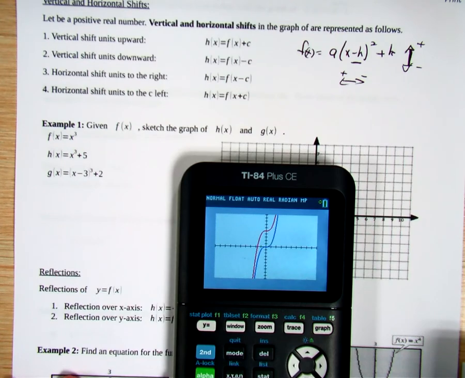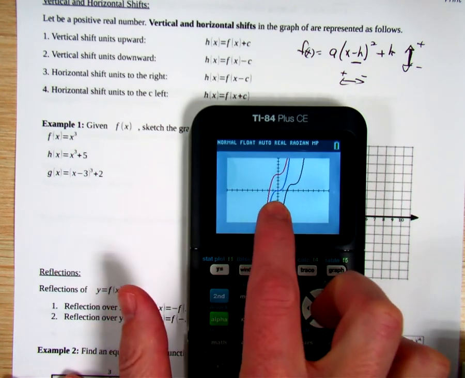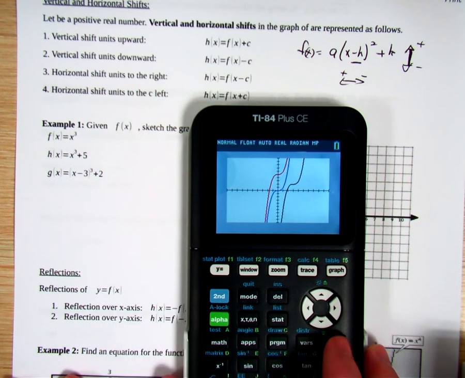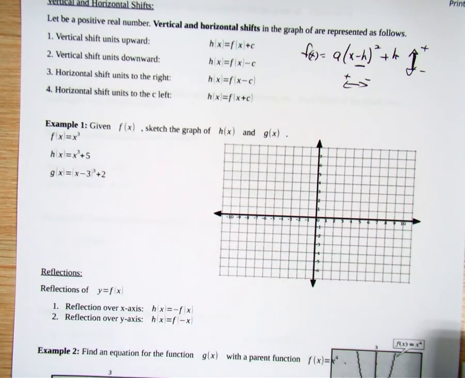The red one's just slid up 5 units. And then the black one, our third one, we're 3 units over to the right and 2 units up. Original, plus 5, 3 to the right, 2 up. That will work for basically all of them that we're going to be doing today.